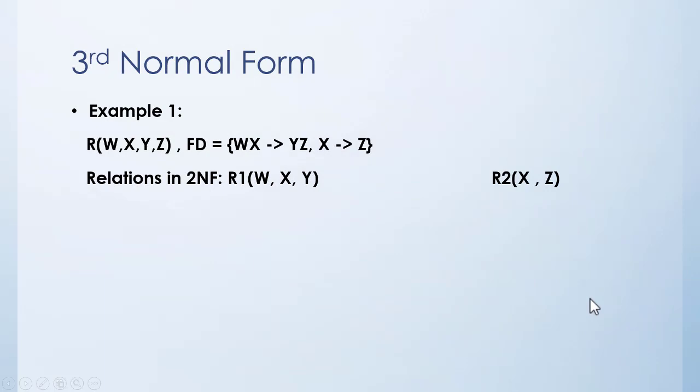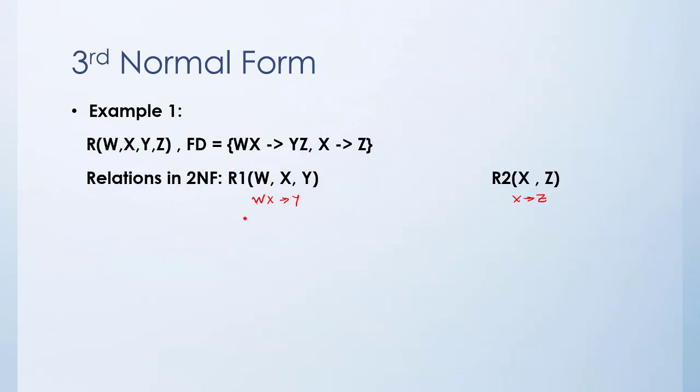In R2, we have the x and z attributes. The functional dependency present in R1 is wx determines y, and the functional dependency present in R2 is x determines z, using the functional dependencies given in the actual relation.